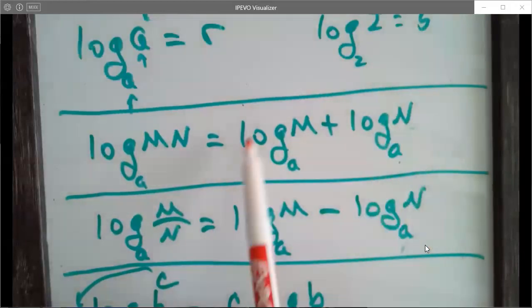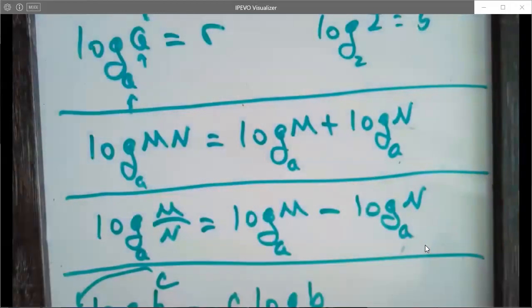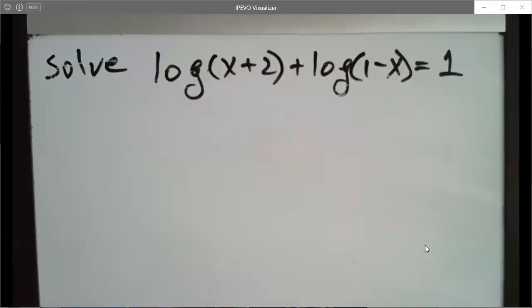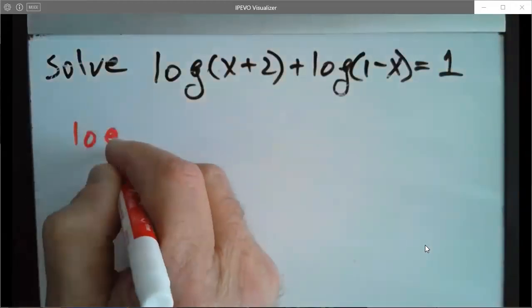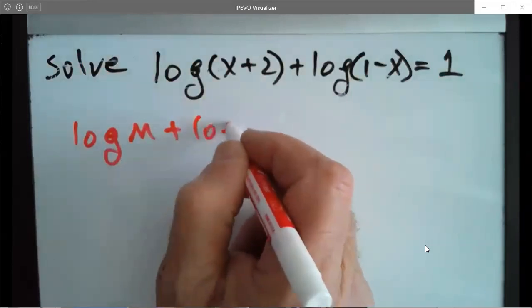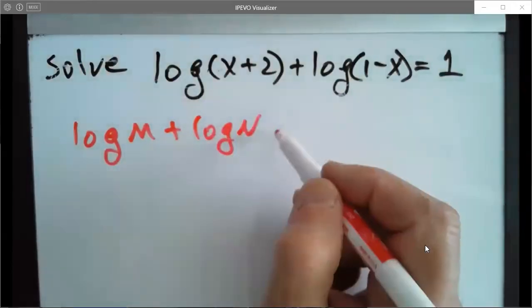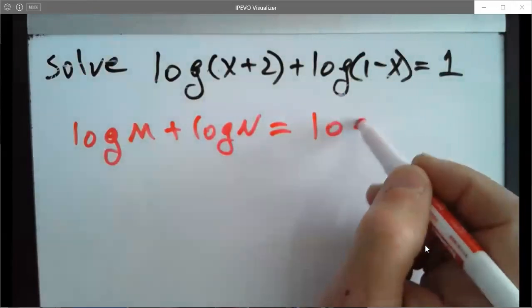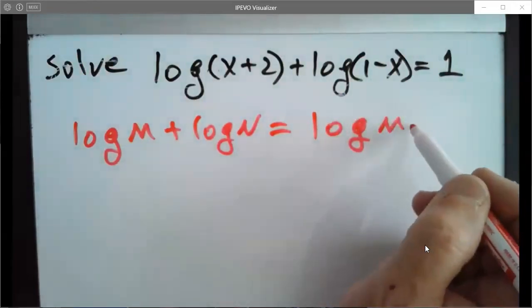This is where we're at right now. So we have to go back the other way and condense it and multiply. So log m plus log n is equal to log m times n.